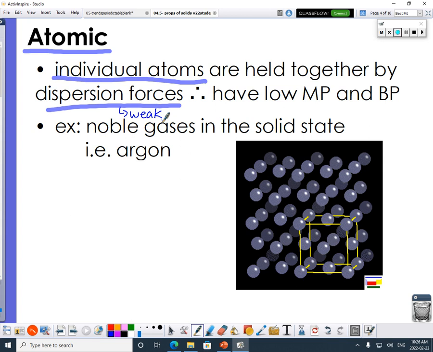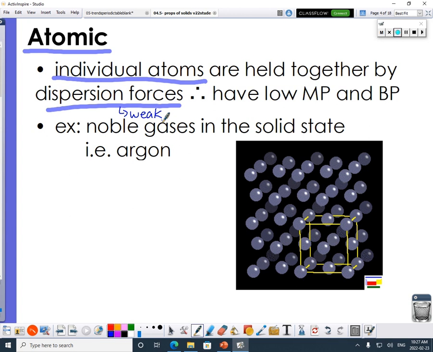And when you think about the example we used, which is noble gases in the solid state, even that phrase or that statement seems weird. Noble gases as a solid, we don't usually consider gases to be solids, but if you could decrease the pressure and temperature enough, could it become a solid?